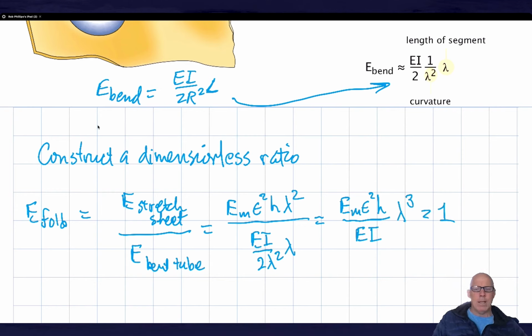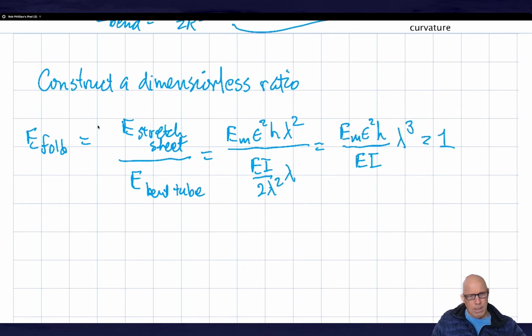The reason I'm setting it equal to 1 is that I'm imposing the condition that the bend and the stretch energies are comparable. And there's kind of a subtle hidden argument in there, and it's a bit like when we did the entropy maximization for the case where, for example, I had the partition which could move. What you remember is that when the partition moved, one of the entropies went up, one of them went down, but their net actually went up until you reach the right equilibrium position. And so that's kind of what's going on here.